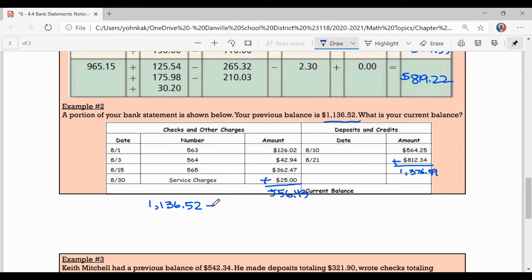We're going to subtract your checks and your service charges, $556.43. You're going to add your deposits, $1,376.59. And that's going to give you what your current balance is, which is $1,956.68.